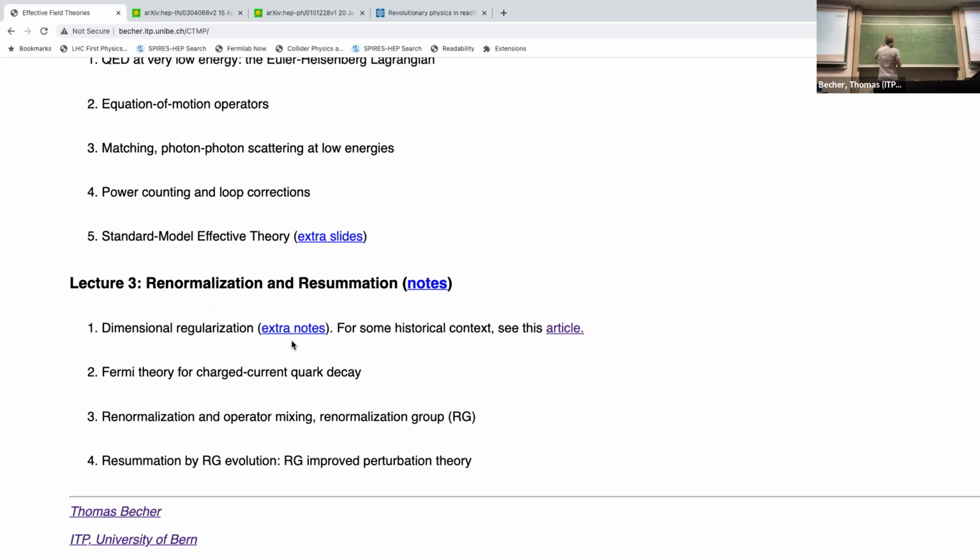Now I have C1, and then I have C1 times 1 would be the tree level, times this tree level matrix element. So we're now not using that this is equal to 1. We want to read off what it is. And then there are loop corrections in here.